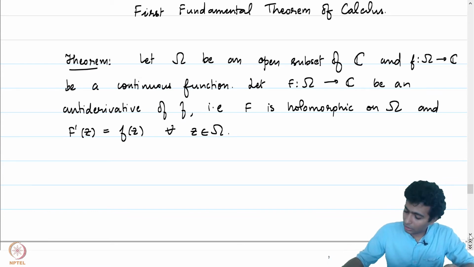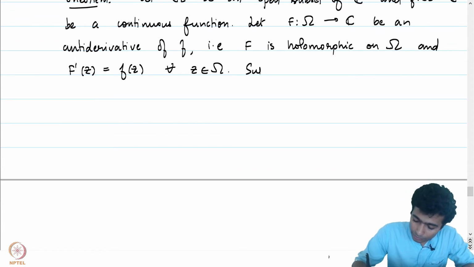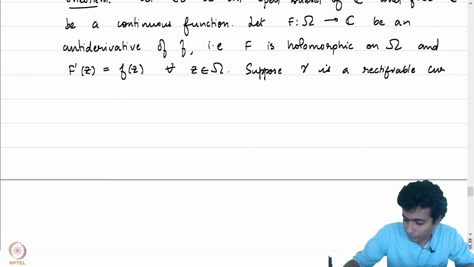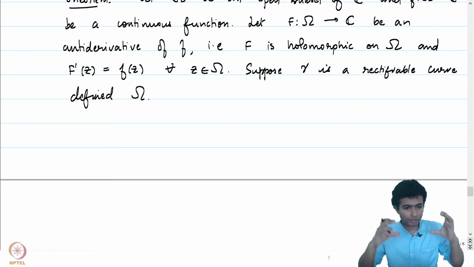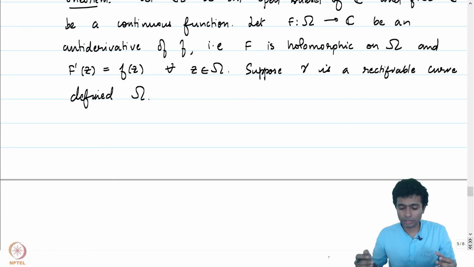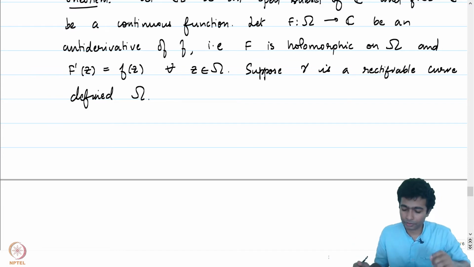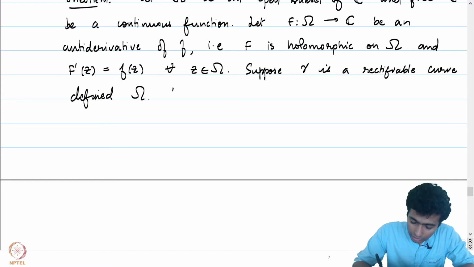So, what is the fundamental theorem of calculus going to tell us? Suppose gamma is a rectifiable curve defined in omega. That means that gamma from [a, b] to C is a curve such that gamma of [a, b] is contained in omega.